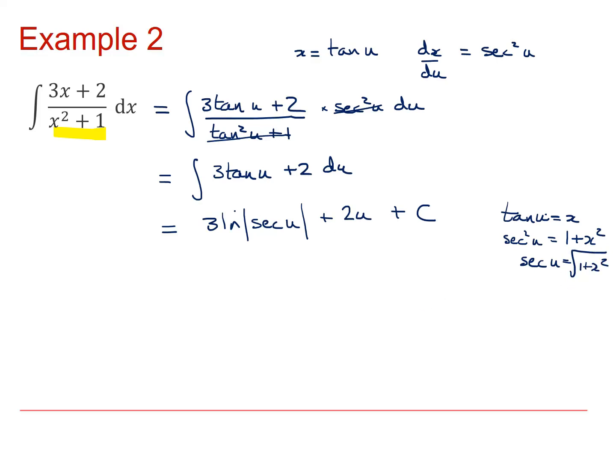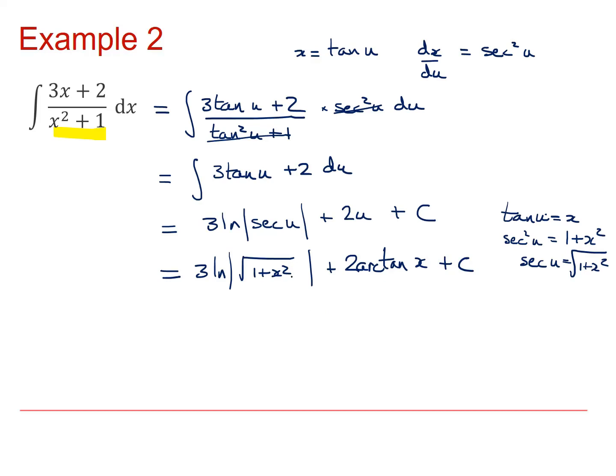So I can put this back into my expression here, and I'm going to get 3 log root 1 plus x squared plus twice arc tan x plus c.